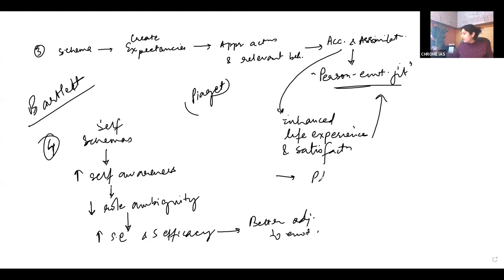So underline plasticity of schema, your job is done. Right? Because it will become very difficult to justify the complete paper then. Right? So keep your minds free.